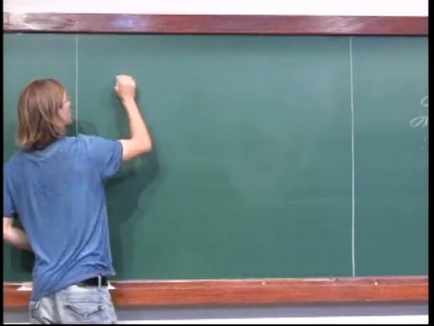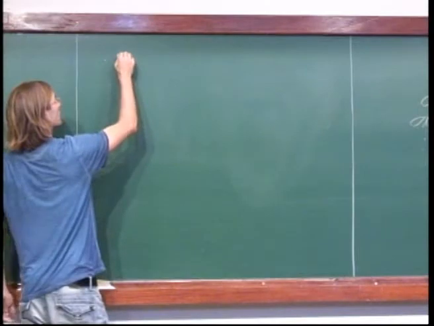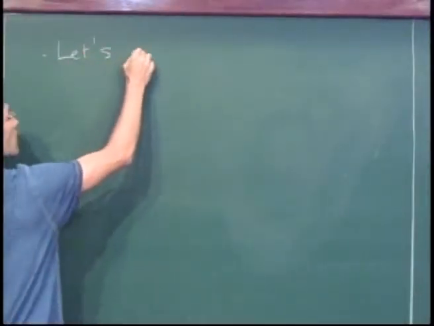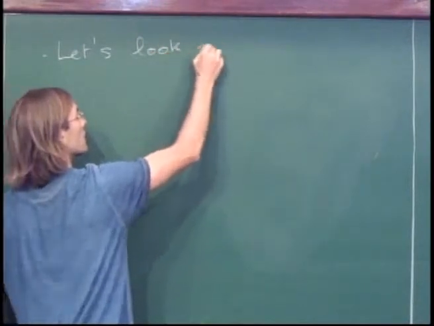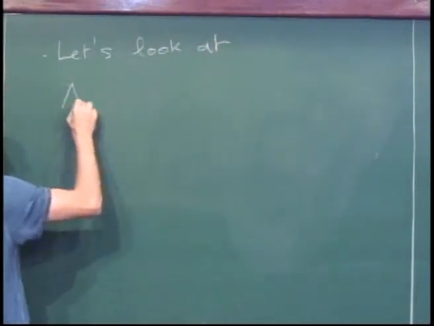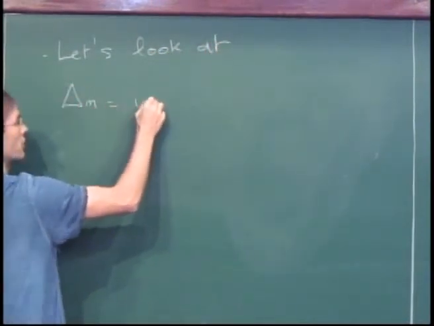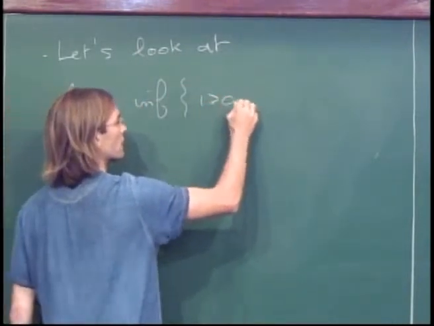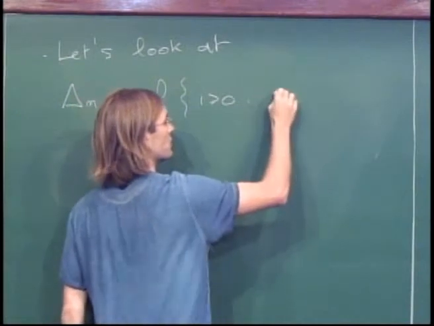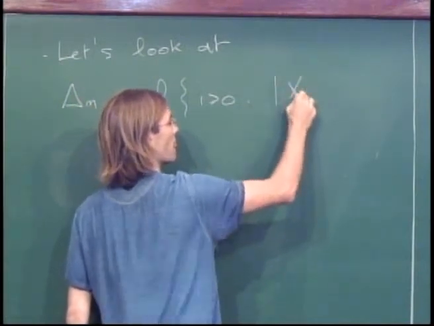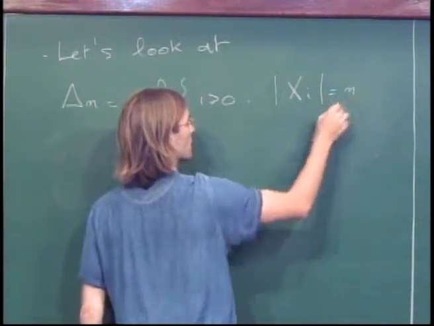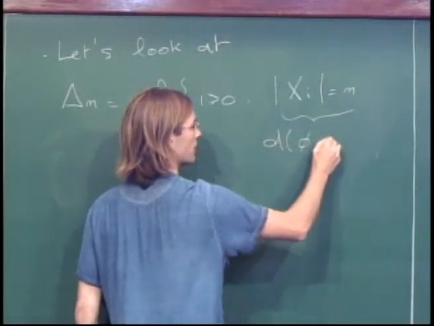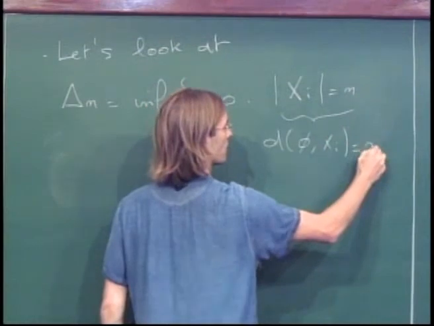So what we want to look at, the quantity we're looking at for now, is the following quantity, delta n, which is the first time you'll reach a point which is at distance n from the origin. So this is the same as saying the distance from the root to x_i equals n.